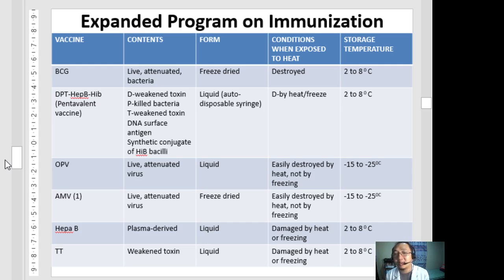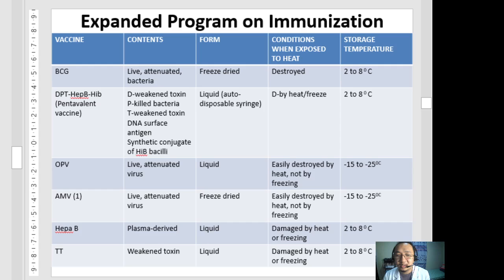So what I will be emphasizing here is the last column. Actually, all of these are important, but in terms of cold chain logistic management, the temperature is being emphasized. And later on in your actual encounter with these vaccines, the third column is also important. What's the form or the preparation of these vaccines, so that you will be familiar also on how it looks like.